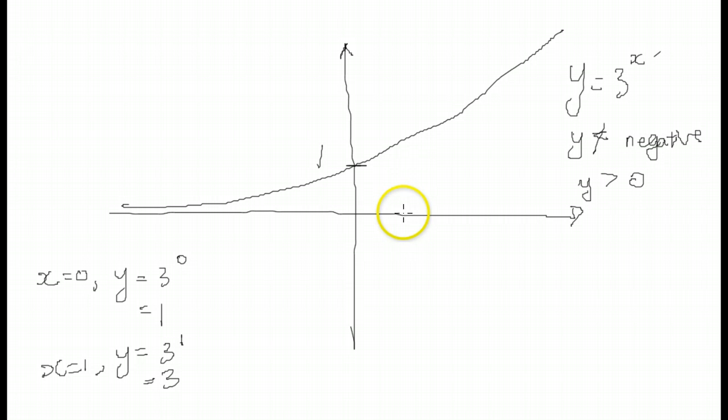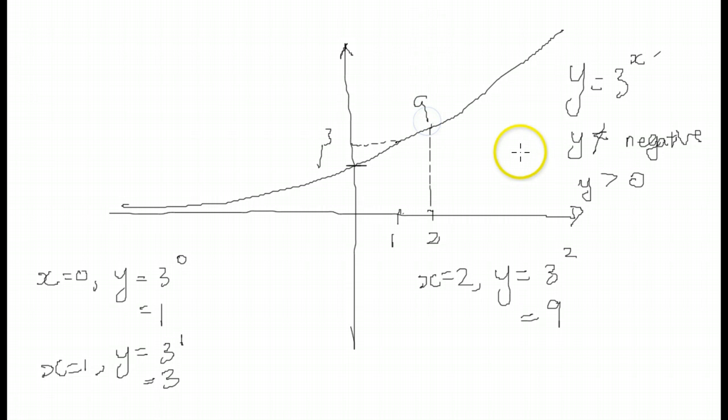So if here is 1, here it will be 3, although this is not drawn to scale. And if x is 2, y would be 3 to the power of 2, which would be 9. Thus you see y increases at an increasing rate.